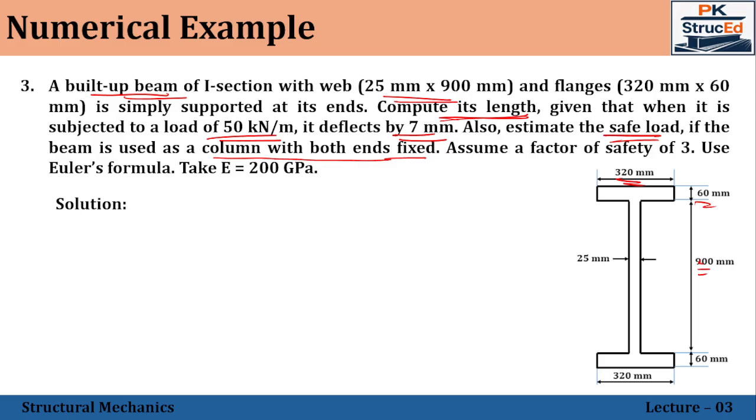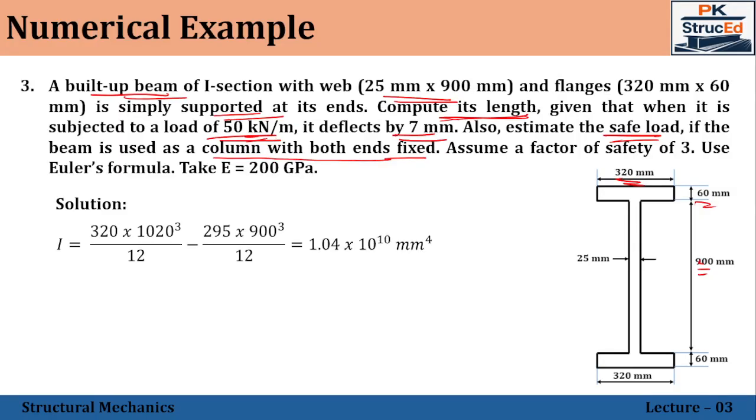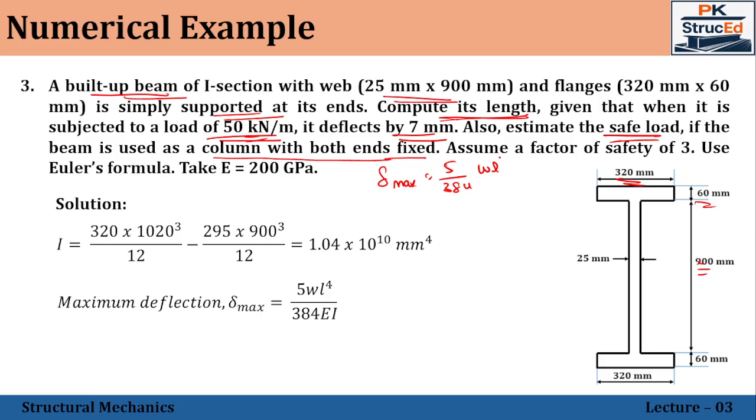Now, the first part uses the deflection theory of beams, which will help to determine the span. Here in this case, it is a simply supported beam subjected to UDL. So the maximum deflection will be calculated using the formula delta max equal to 5 divided by 384 WL power 4 by EI. That's what has been written here, the maximum deflection, for which we need to find the required values.